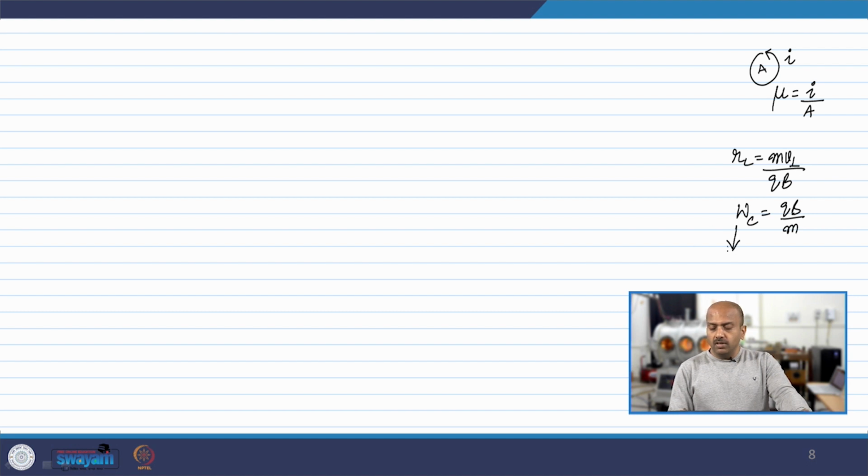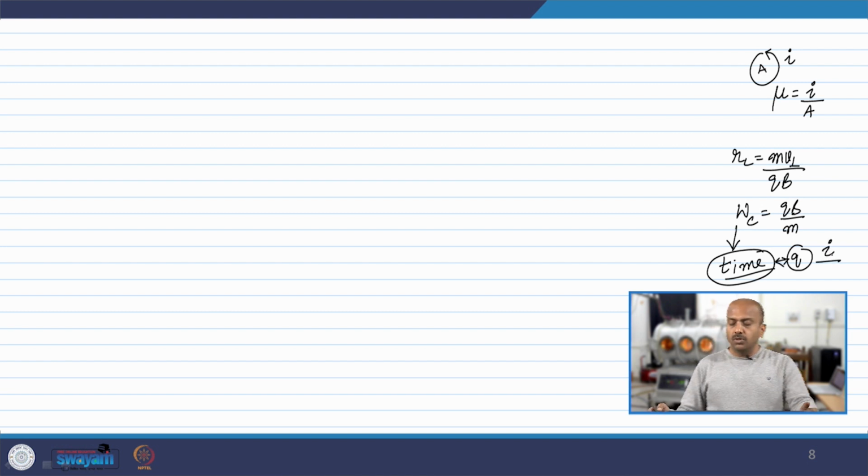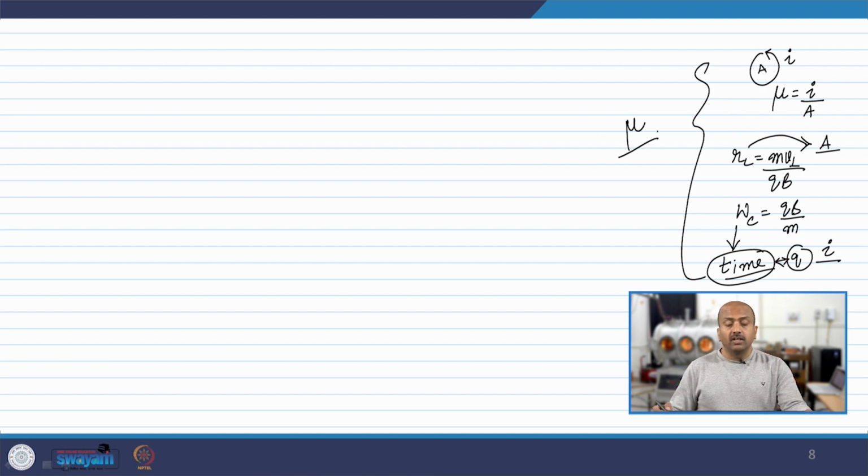So this frequency has a measure of time, and we have charge q. These two things will give you the current that is produced, and r_L will give you a measure of the area of the loop. So in effect, all these things put together will give you the magnetic moment that is generated per single particle.